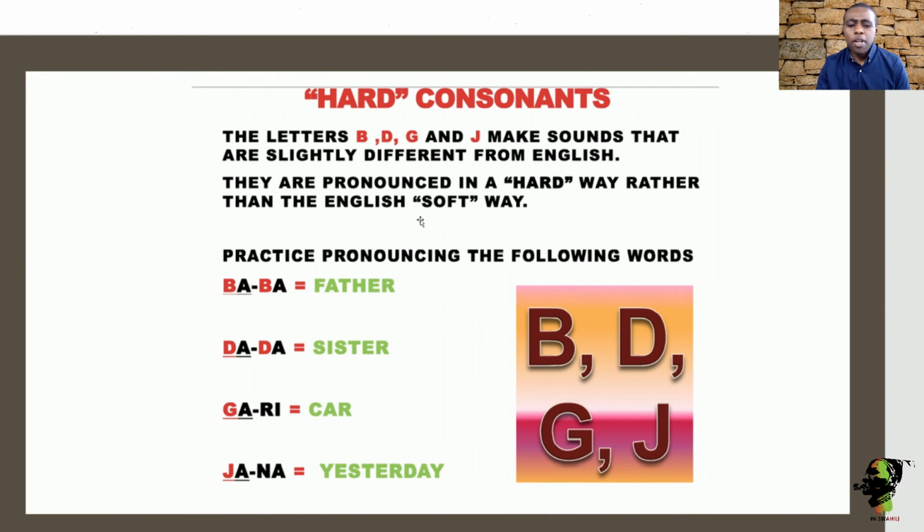As you pronounce them, also don't forget to put the emphasis on the right syllables. For example, the word father, you'd pronounce it as baba. The word sister, dada. The word car, gari. The word yesterday, jana. That is how you pronounce the hard consonants B, D, G, and J.